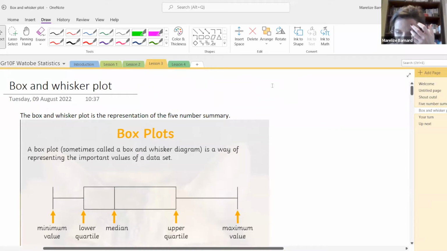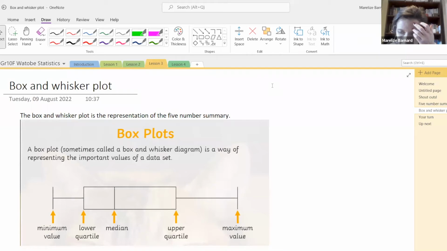I think we take 45 plus 48, therefore we divide by 2. Yes, that's right. That's right. That's if you have an even number of data values. You're very right.